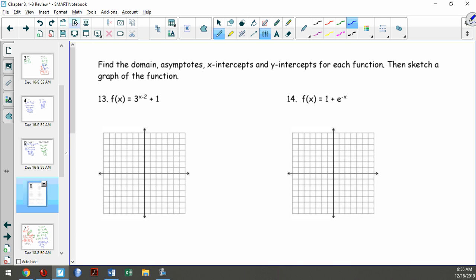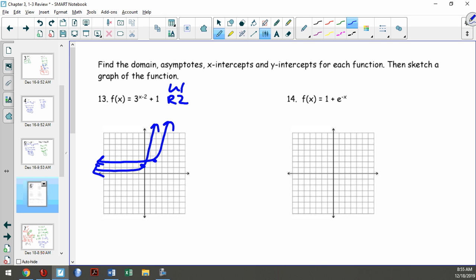So if I look at number 13, can anybody tell me what is happening to that function? It's going to go up 1 and right 2. Do we all understand that? So if it's going to go up 1 and right 2, I went from having this exponential function to now having this exponential going up 1 and right 2.